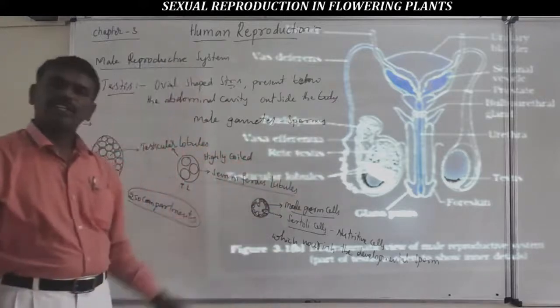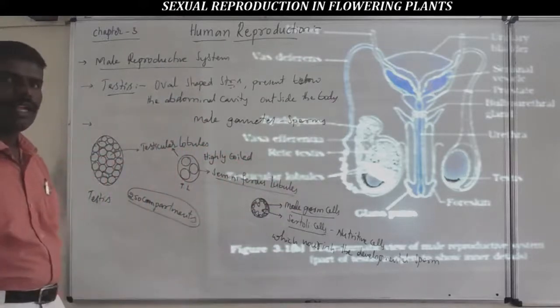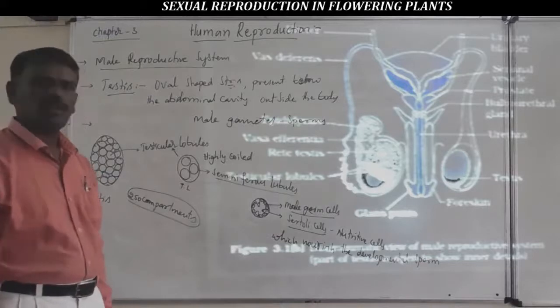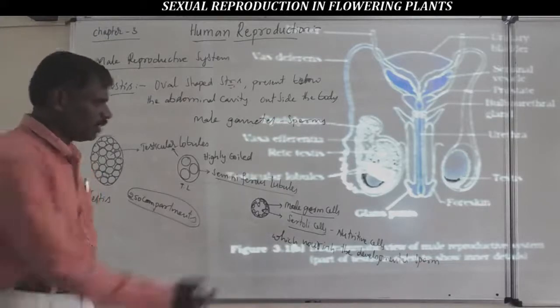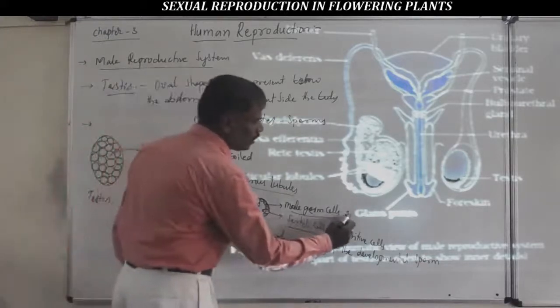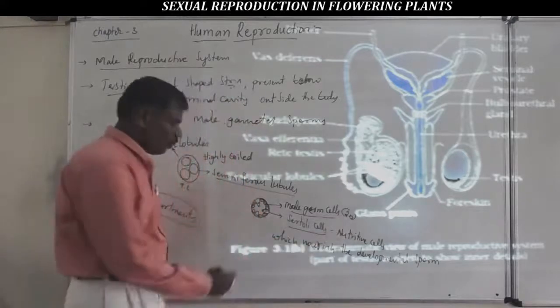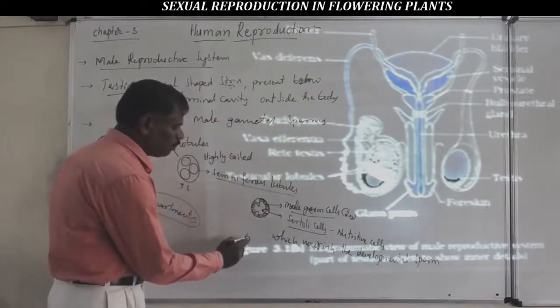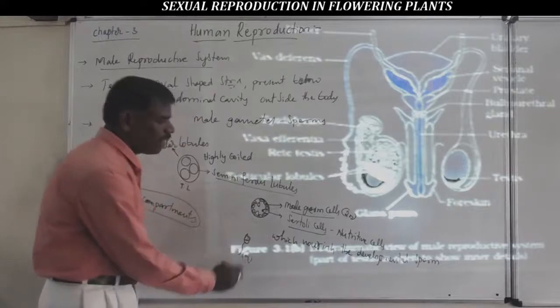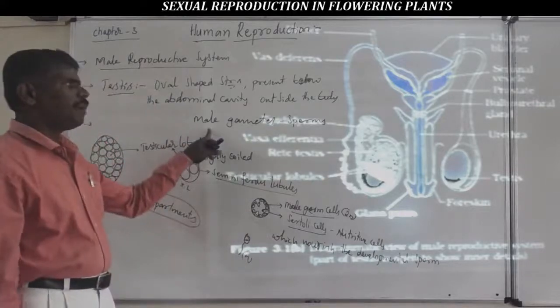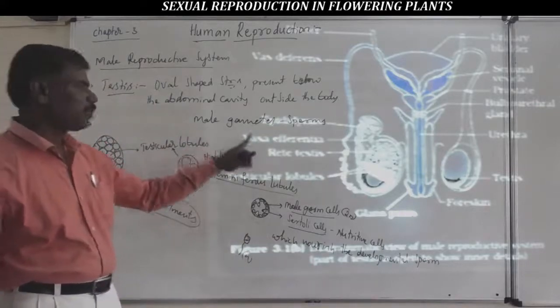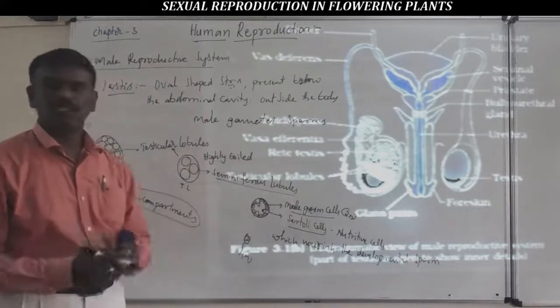The male germ cells are involved in meiotic cell division to produce haploid sperms. These male germ cells are in the diploid condition, but what they produce, the human sperm, is in the haploid condition. So haploid male gametes are produced by these male germ cells.